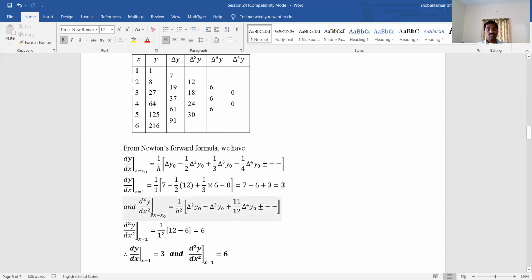And d square y by dx square at x equal to x naught is equal to 1 by h square of del square y naught minus del cube y naught plus 11 by 12 del 4 y naught plus minus and so on.